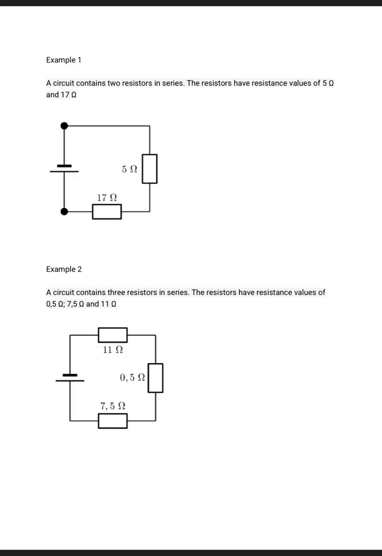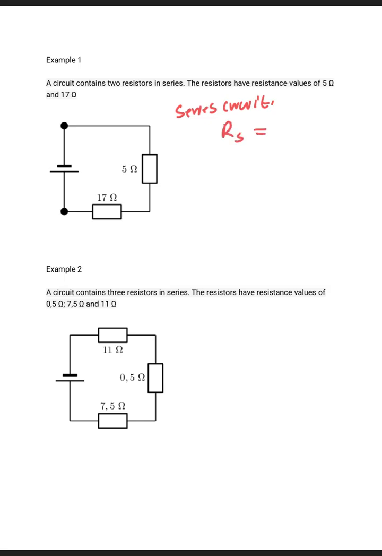And now we can look at examples. We have a circuit that contains two resistors in series. The resistors have resistance of 5 ohms and 17 ohms. So now we want to calculate the total resistance. Because this is a series circuit, we know the total resistance is Rs.